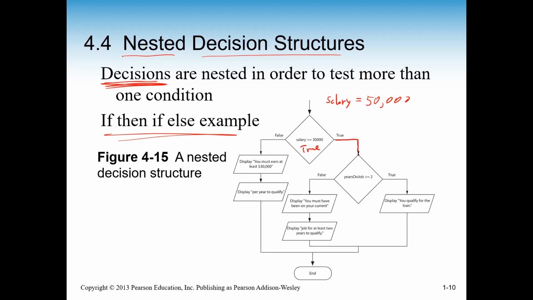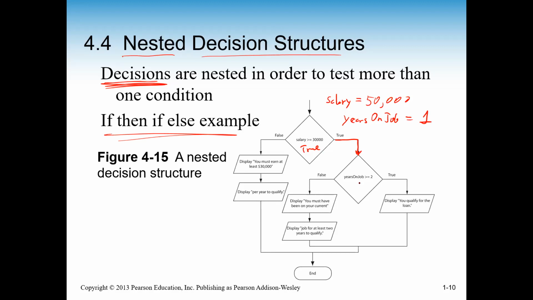And then, okay, so now you go in this direction. And then now there's another variable called years on job. Let's say that in this case, you've been on the job for a little less than 1 year. Let's say 11 months, so that's 0.90 years. So let's say 1 year.